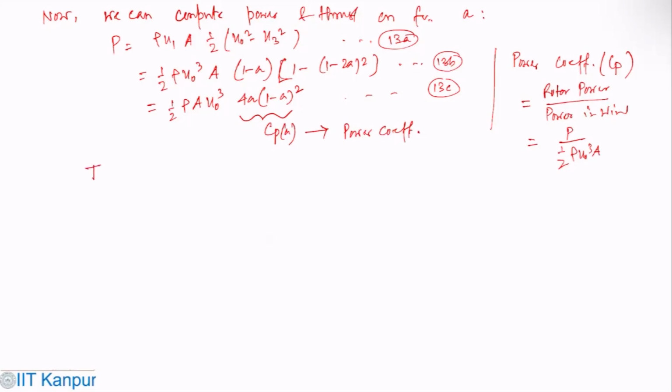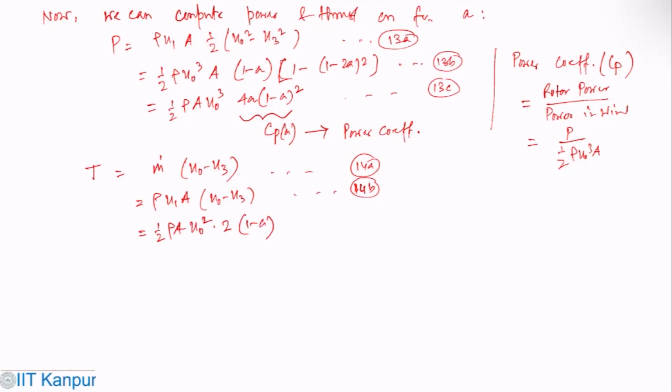Similarly, we can write thrust, that is m dot (U0 minus U3), put in A, rho U1 A (U0 minus U3), put in B. You can have half rho A U0 square (1 minus (1 minus 2A)), 14C, half rho A U0 square 4A into (1 minus A), 14D.